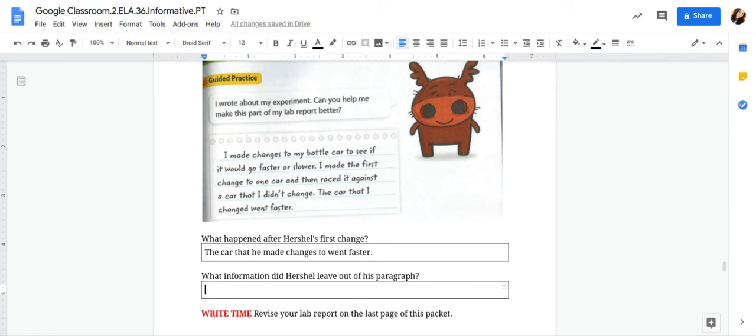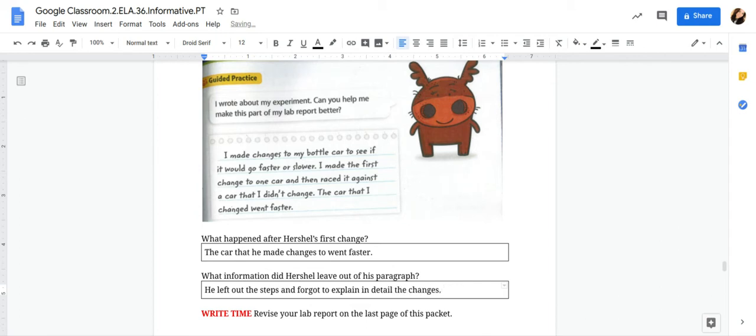Did you say the steps on the changes? Awesome. I agree. So, what did Herschel leave out? He left out the steps and forgot to explain in detail the changes.